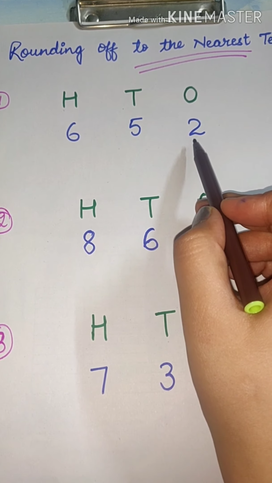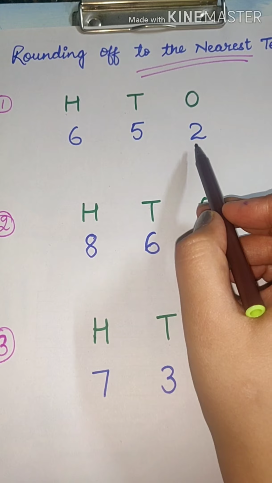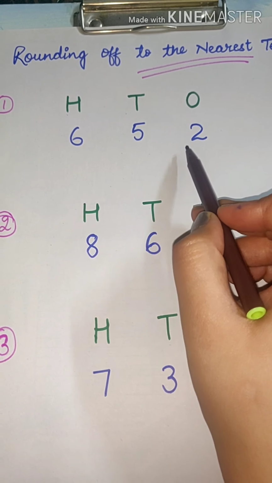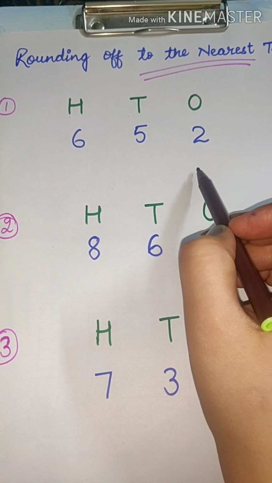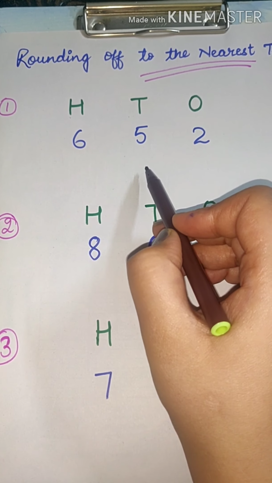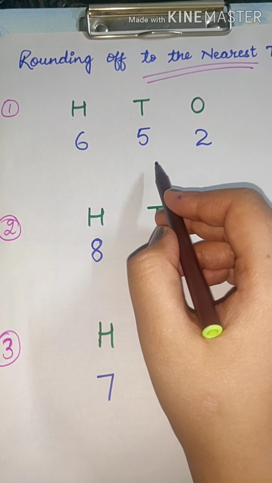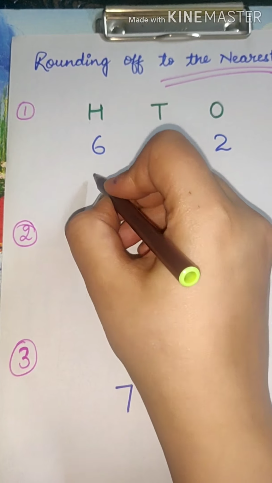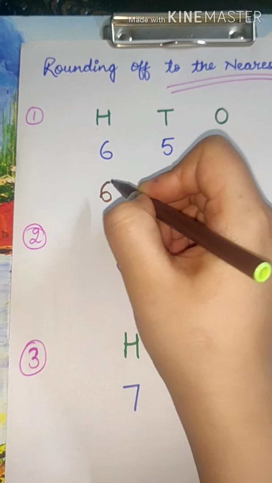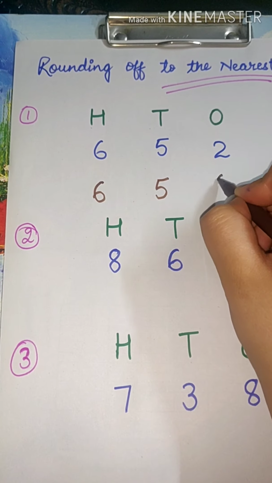Is this a weak digit or a strong digit? Yes, you are right. This is a weak digit. So, it will become 0 and it will not change. It will remain the same. So, its answer will be 650. Very good.